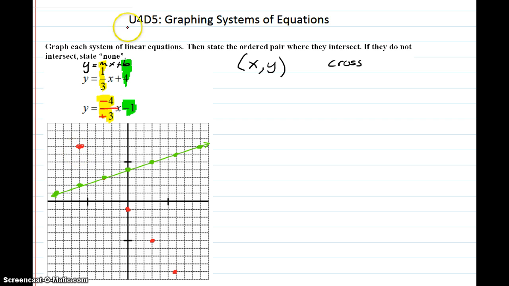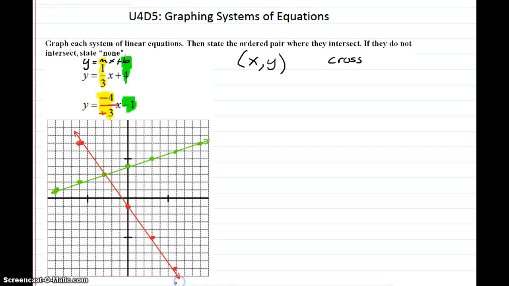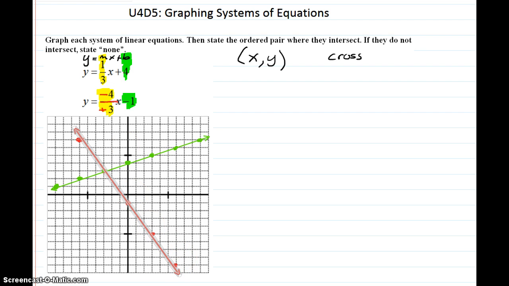Okay, so let's go ahead and draw that line. So that means that the two lines cross right here.